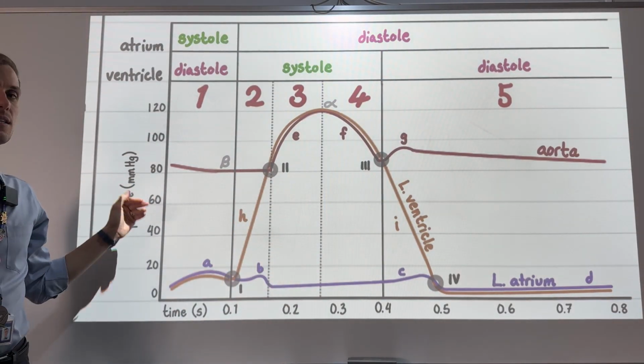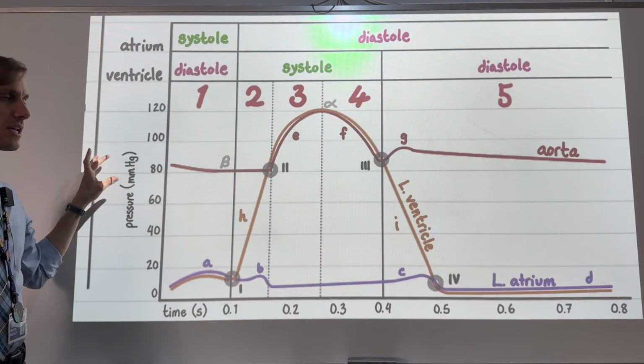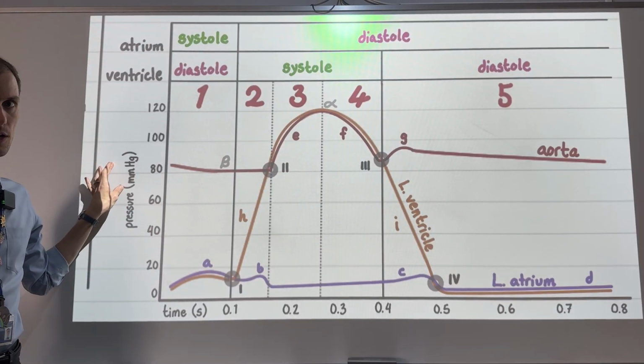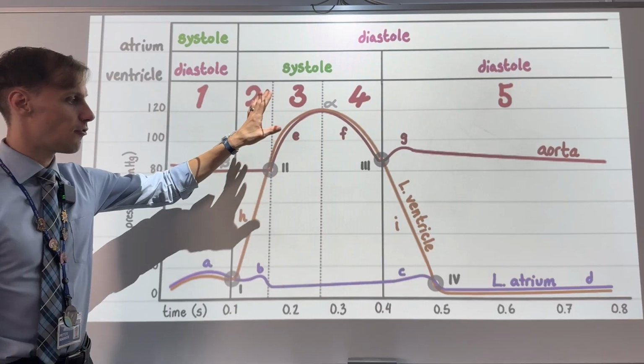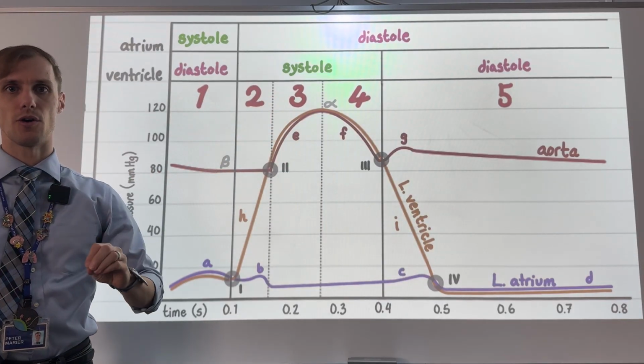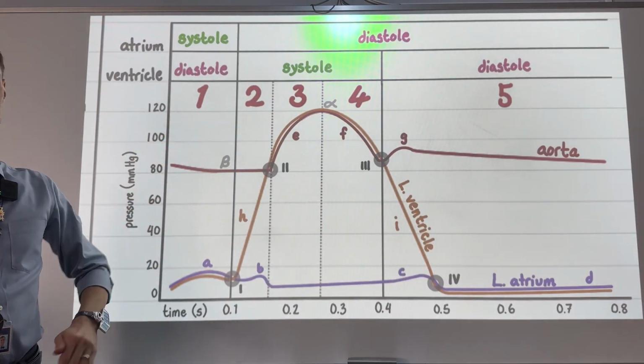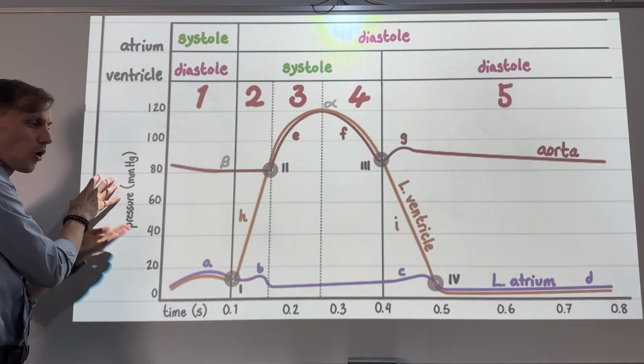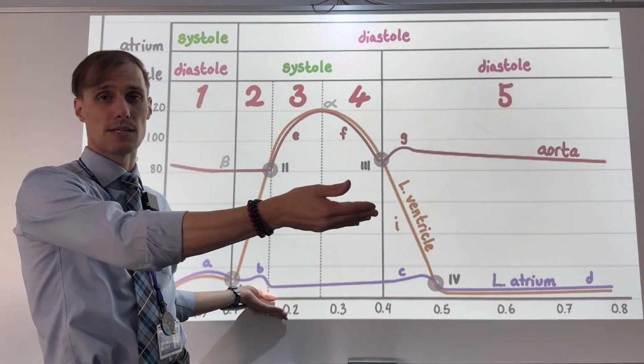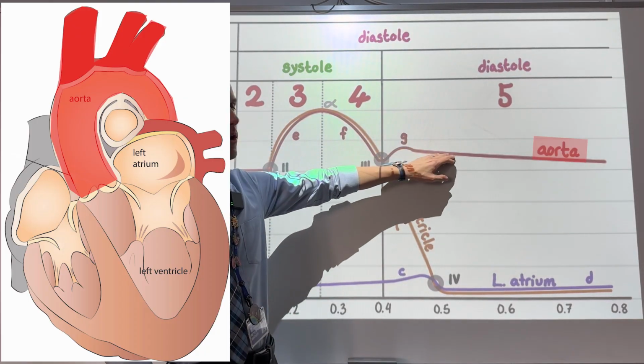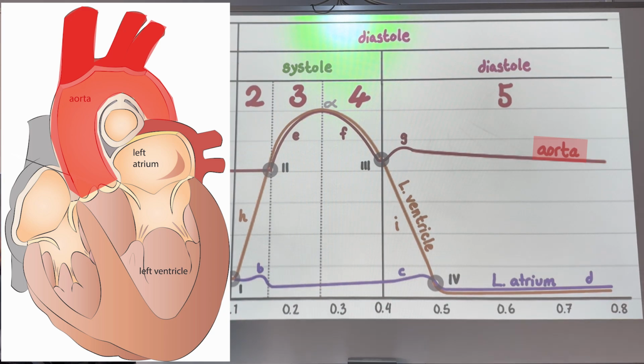On the y-axis is pressure, and pressure is going to be measured in millimeters of mercury here. Now, I have drawn 3 different curves that are color-coded. And each of these curves represents change in pressure over time throughout the cardiac cycle. So the curve in red represents the pressure differences happening in the aorta, the really big artery leading out of the heart.